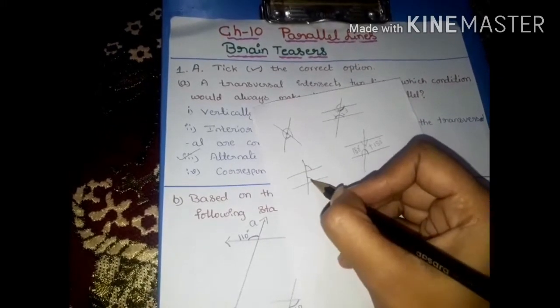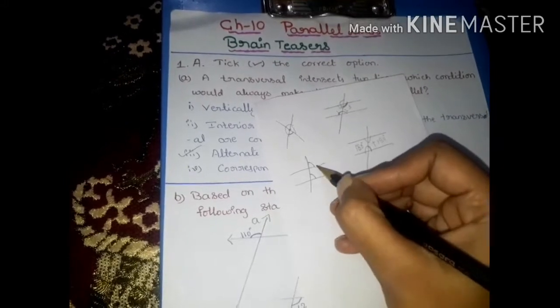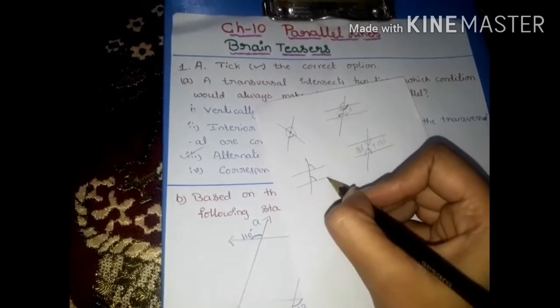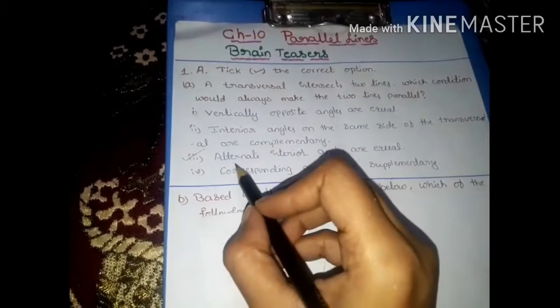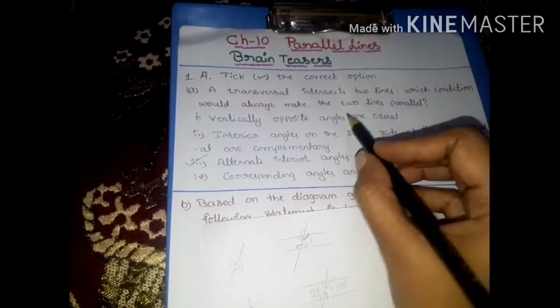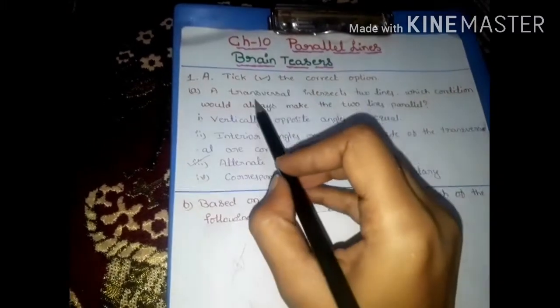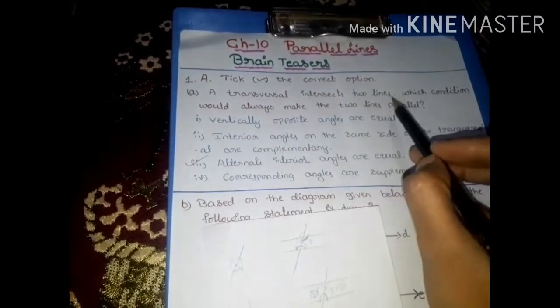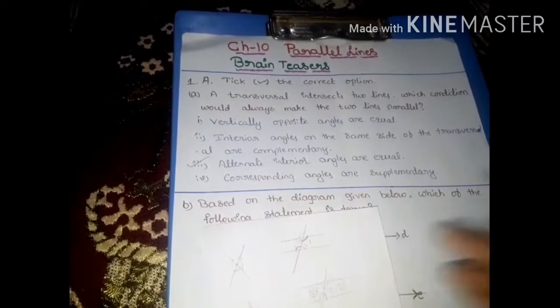Corresponding angles are always equal when a transversal cuts two lines that are parallel. So this is also wrong. They said supplementary, but they are not supplementary, they are equal. So the correct option is alternate interior angles are equal to make two lines parallel when a transversal intersects two lines. This is the correct option.